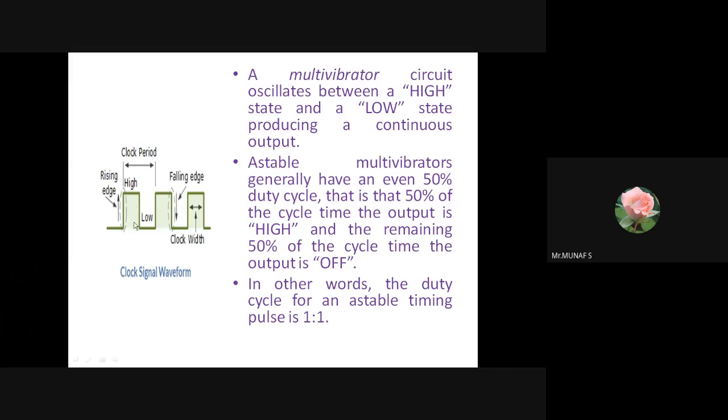This is a clock pulse. In that particular clock pulse, of the entire clock pulse period, 50 percent is high duration and 50 percent is low duration. The state change from low to high occurs in the rising edge, and high to low occurs in the falling edge. This is shown here. So this type of stable circuit's timing pulses are known as 1:1.